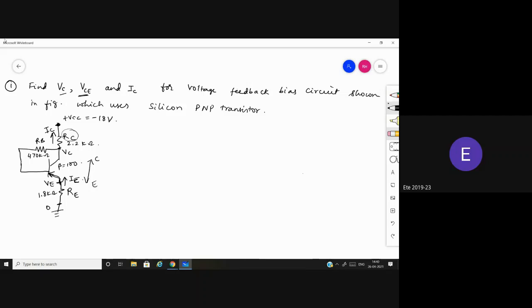Okay. So the first step is we need to find out the base current. In order to find the base current, do we have any formula, or what we need to do?